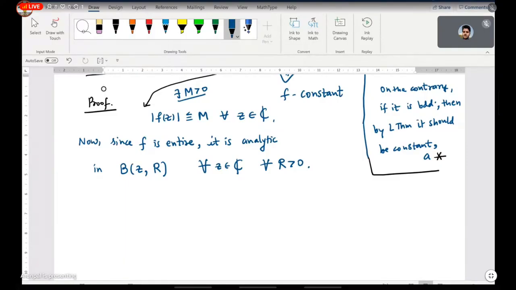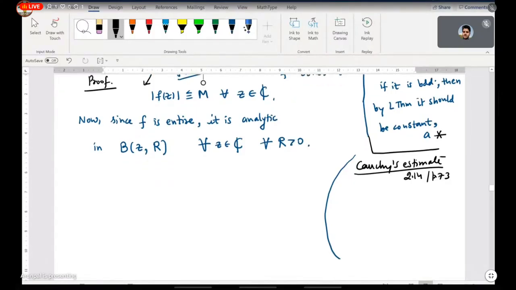Okay, good enough. Now class, you recall Cauchy's estimate. What was Cauchy's estimate, class? This was 2.14 at page 73 of your book.